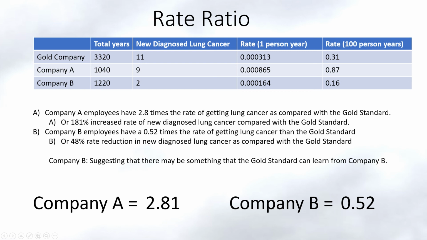However, Company B employees have 0.25 times the rate of getting lung cancer compared with the gold standard, or a 48% rate reduction in newly diagnosed lung cancer. So Company B is doing something pretty good that the gold standard company could actually learn a thing or 2 from.